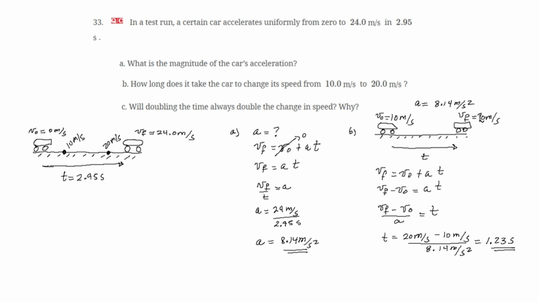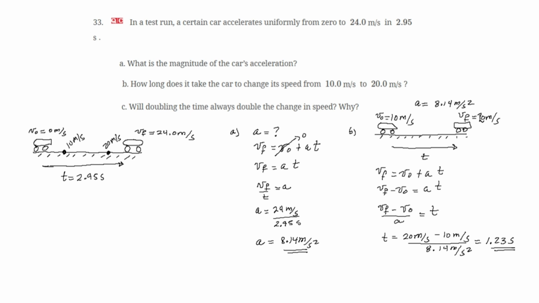It makes sense, right? Of course, you always have to evaluate whether the results you get make sense or not. This result makes sense. Why? Because, of course, the time from 10 to 20 needs to be lower than 2.95. It is lower than 2.95.